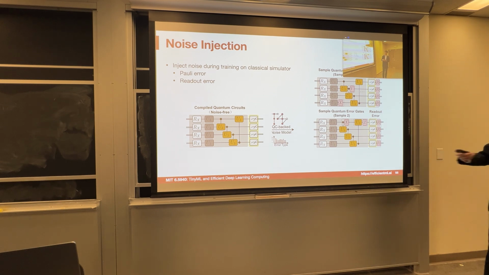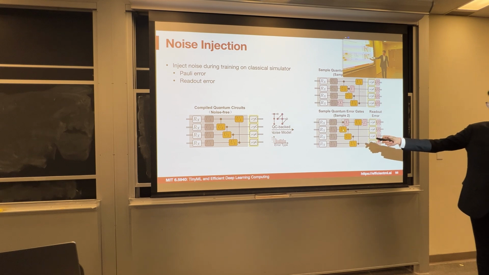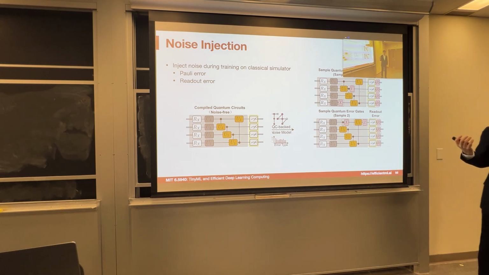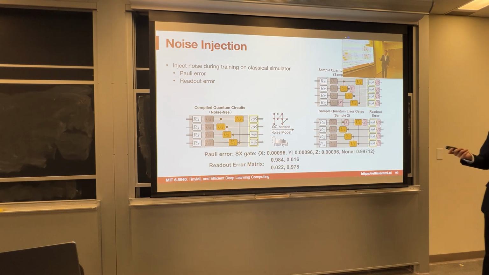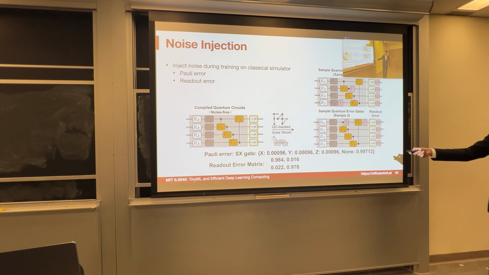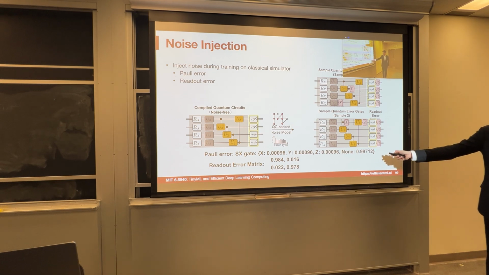So during this process, we can make sure the parameters inside those parameterized gates can be fully aware of the real device noise and be more reliable. And here is an example from the actual IBM device. We can see after this SX gate, there will be 99.7% of no error, so you can imagine that the fidelity is around 99.7%.